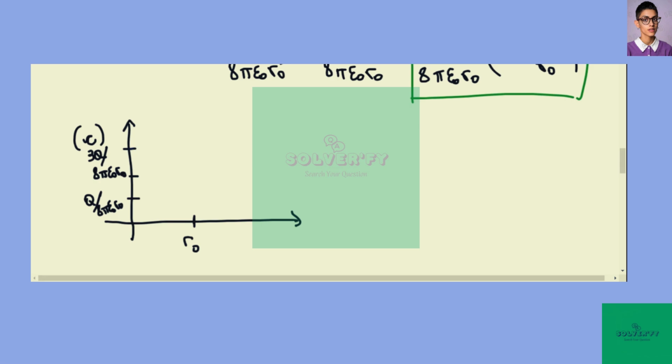Let me write this a little better. And then it starts decaying as 1 over r. Okay, this is V as a function of r, and then we can draw E as a function of r as well.